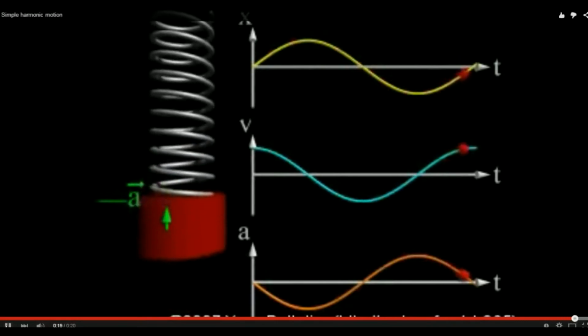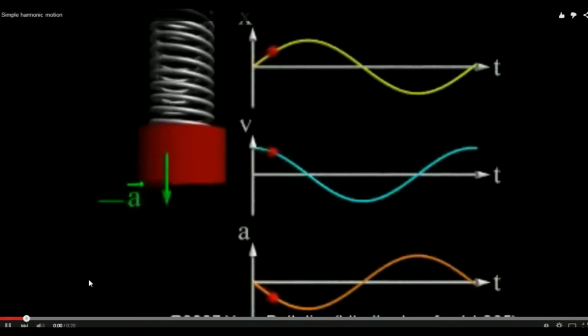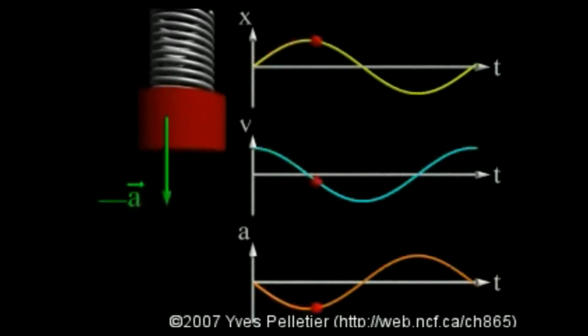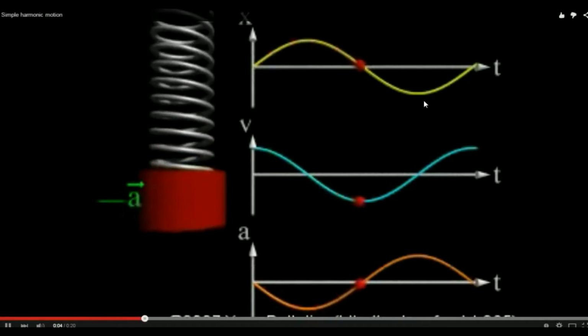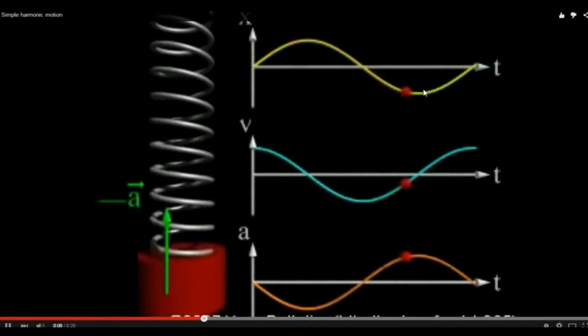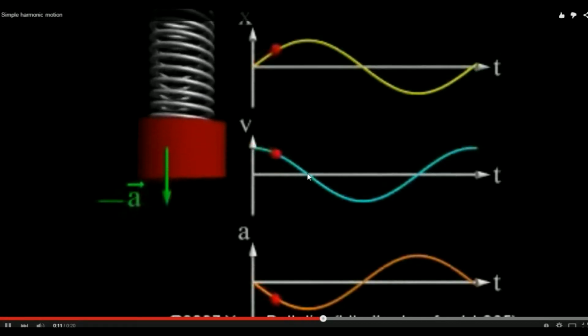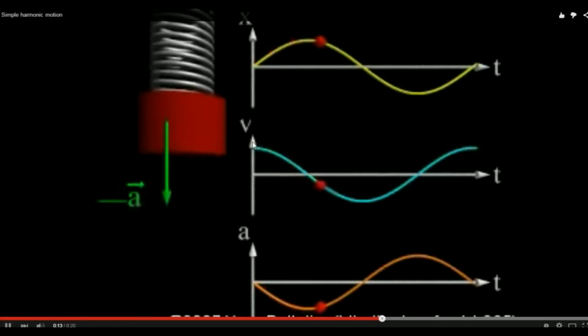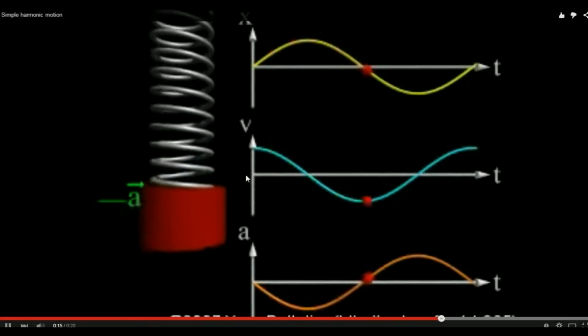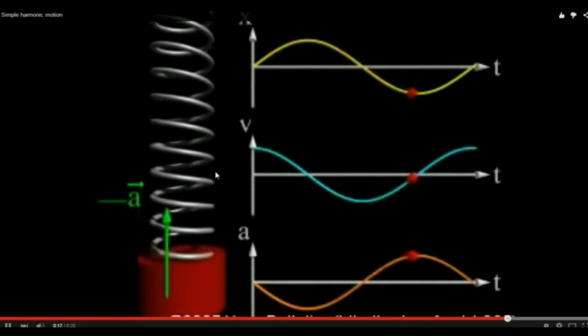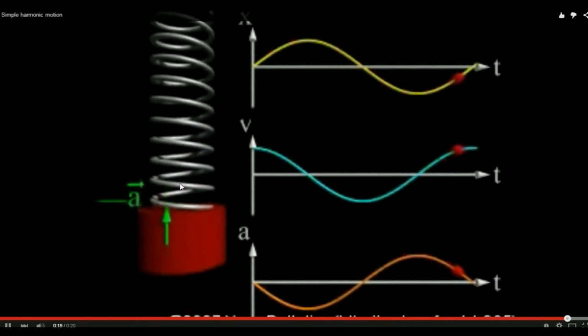And I'm going to start it over again. Notice that the acceleration is maximum when the displacement is maximum, and the velocity is zero at the maximum displacement, and maximum velocity at what's called the equilibrium point, or the midpoint of the oscillation.